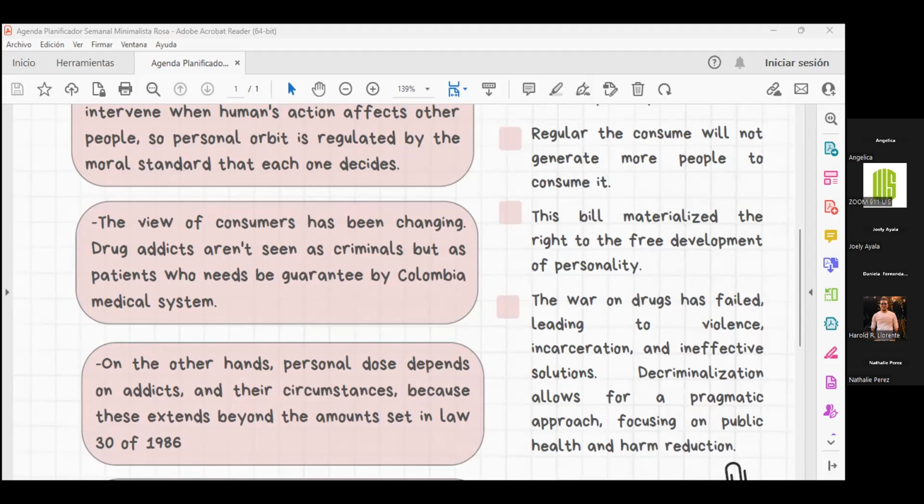Yes, we believe that the war on drugs has failed, leading to violence, ineffective solutions, war, and a lot of people died. And like Brian said, it is a business that is owned by a few people. So if we control it by a law and with the institutions of the state, the state can focus on public health and harm reduction.